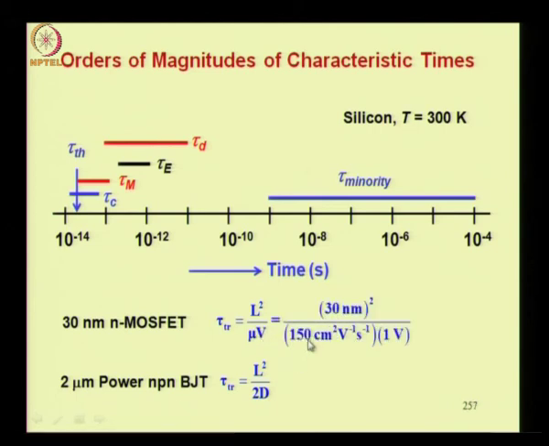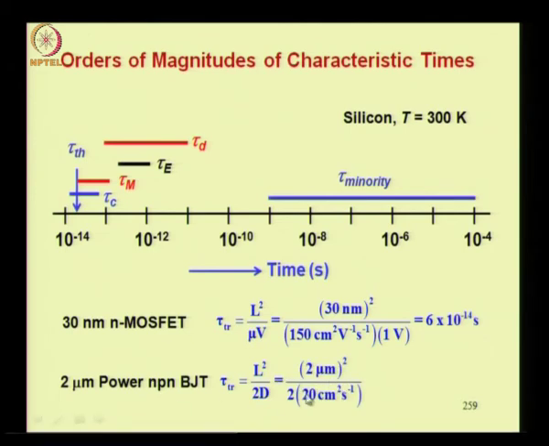So putting the mobility of about 150 centimeters square per volt second and the voltage across the MOSFET of about 1 volt drain to source voltage, you get a transit time of about 6 × 10 power minus 14 seconds.